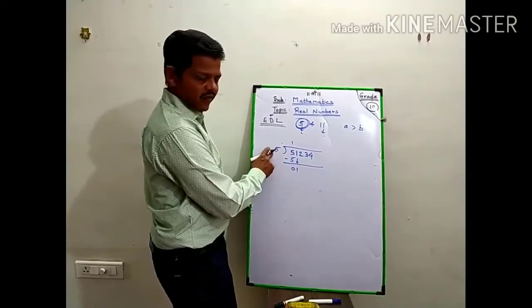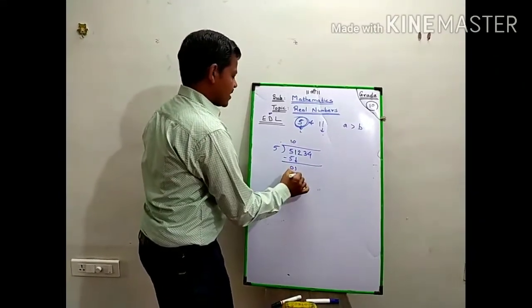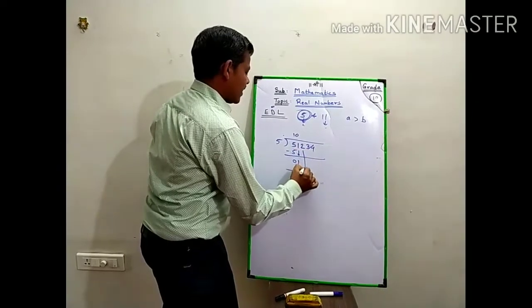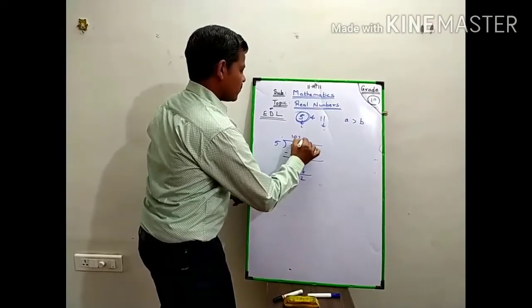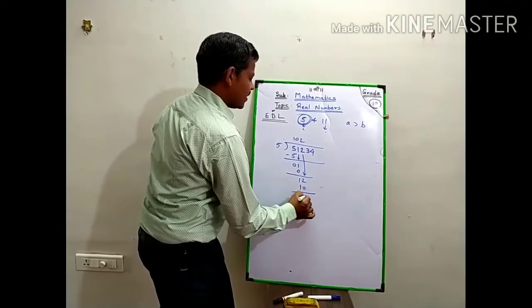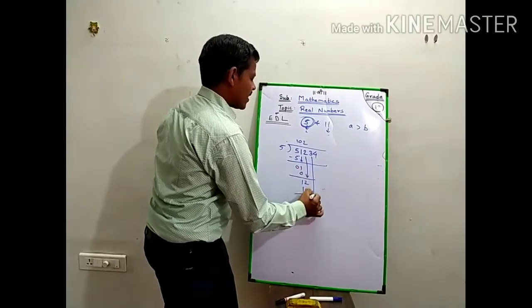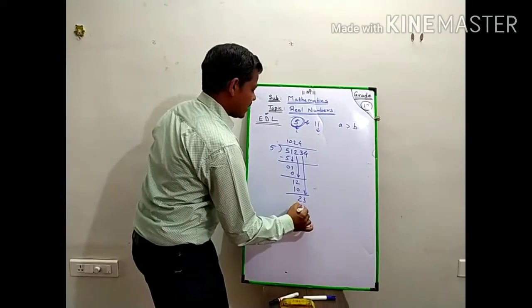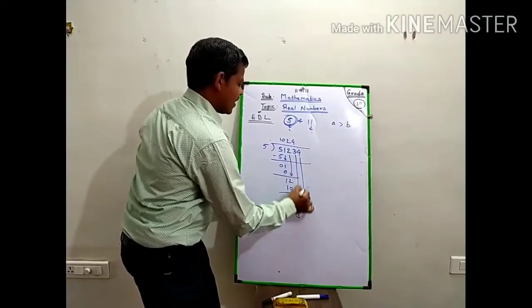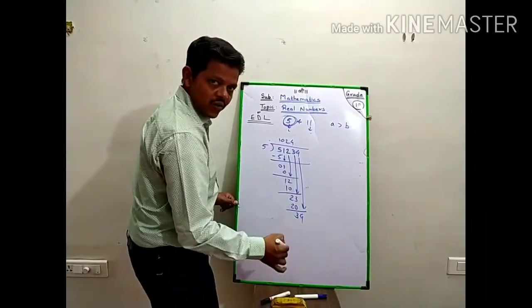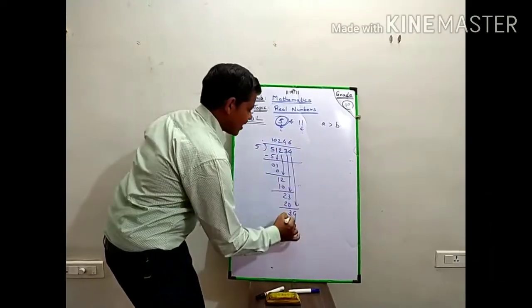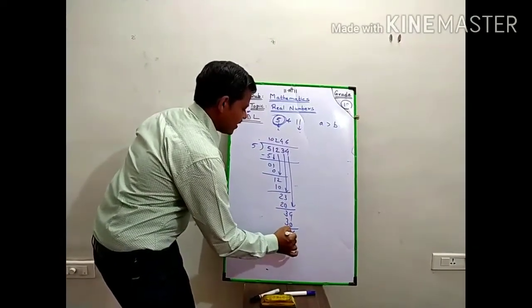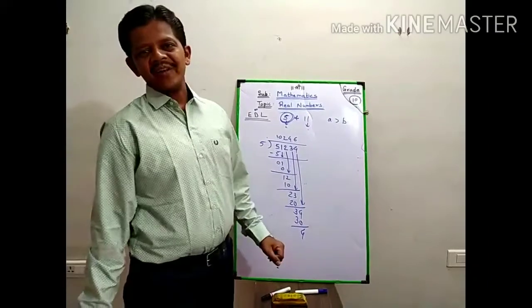1 cannot be divided by 5. 5 zeros are 0. 1. Carry down 2. 5 2s are 10. Remainder is 2. Carry down 3. 5 4s are 20. Remainder is 3. Carry down 4. 5 6s are 30. Remainder is again 4.